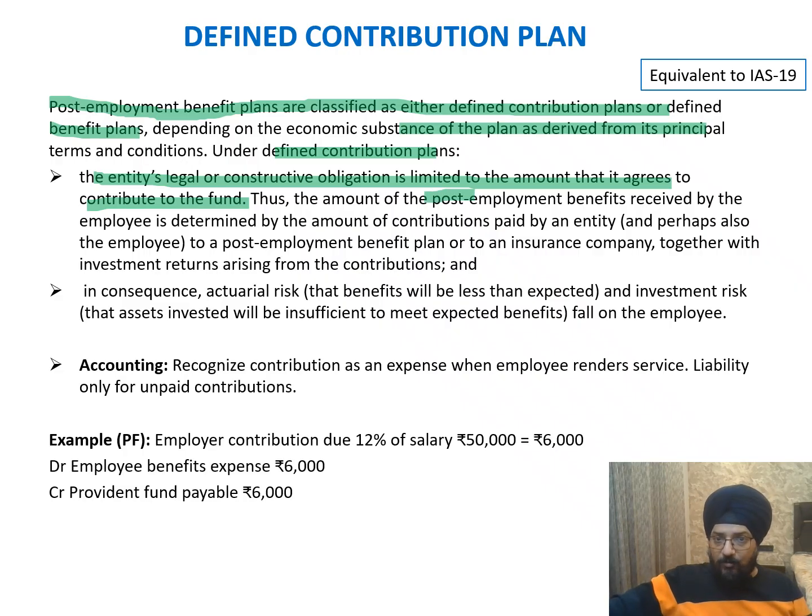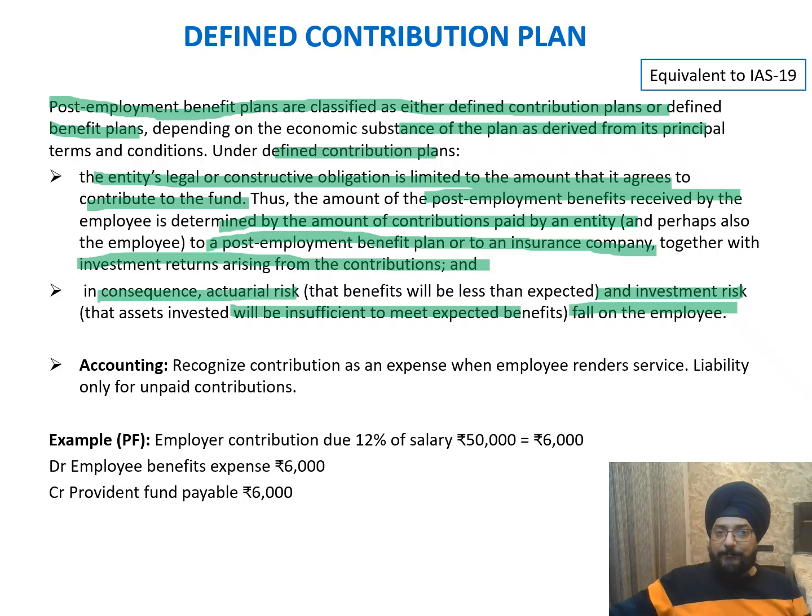Thus, the amount of the post-employment benefit received by the employees is determined by the amount of contribution paid by an entity to a post-employment benefit plan or to an insurance company, together with the investment returns arising from the contribution. The consequence is that actuarial risk and investment risk, that the benefit will be insufficient, fall on the employee.